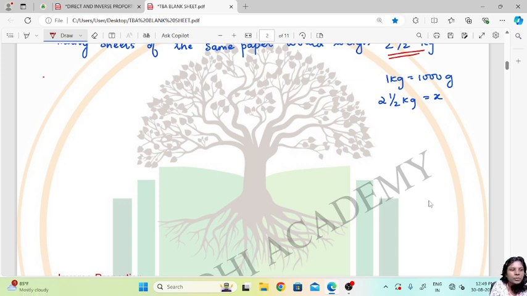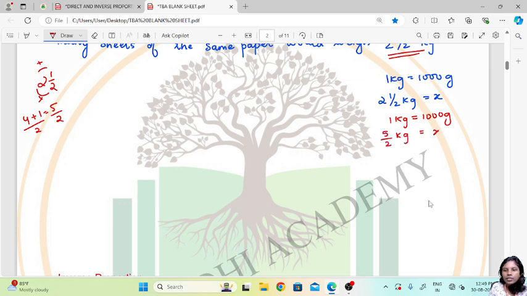We multiply 2 by 1 and add 1: 2 twos are 4, plus 1, that will be equal to 5 upon 2. So we have 1 kg equals 1000 grams, and 5/2 kg equals x grams.